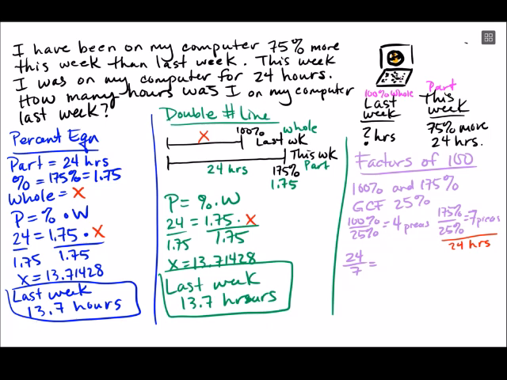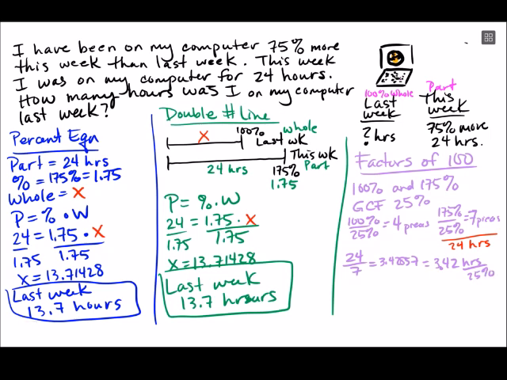And that gives me 3.42857, or we can call that 3.42 hours per 25%.